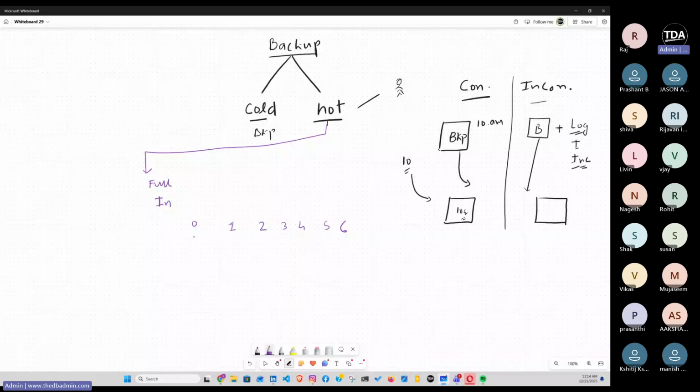So let's suppose on every Sunday I am taking a full backup, and on Monday I am taking an incremental backup, incremental 1. Then again I am taking one incremental backup, incremental 2, incremental 3, incremental 4, incremental 5, and incremental 6, like that. So full backup, then I have these many incremental backups.